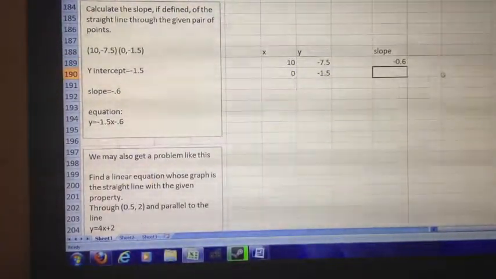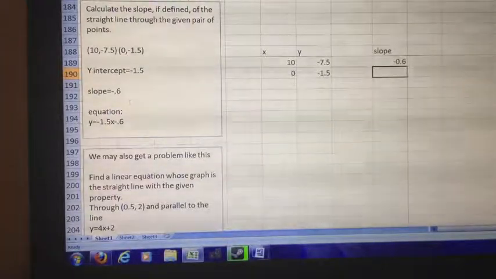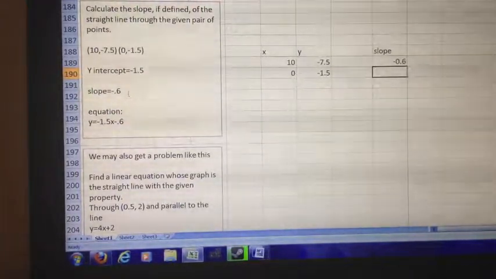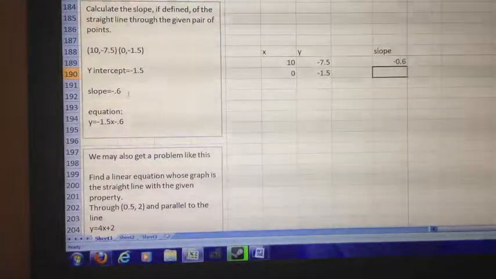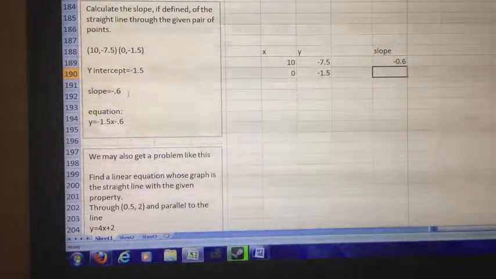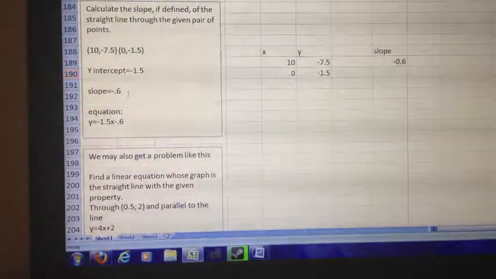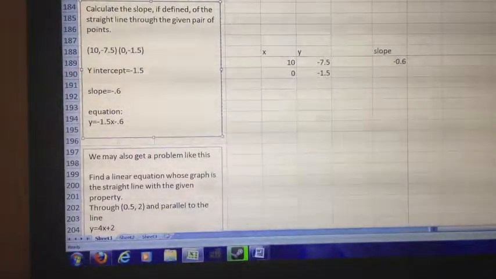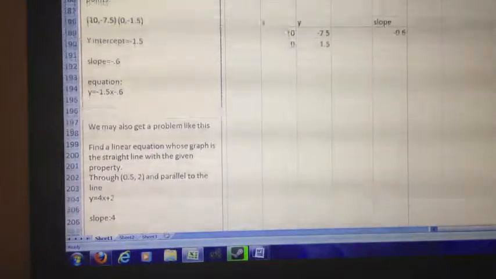And then we see that our slope is -0.6. So then when we put these numbers into our y equals mx plus b formula, we get y equals -1.5x minus 0.6.